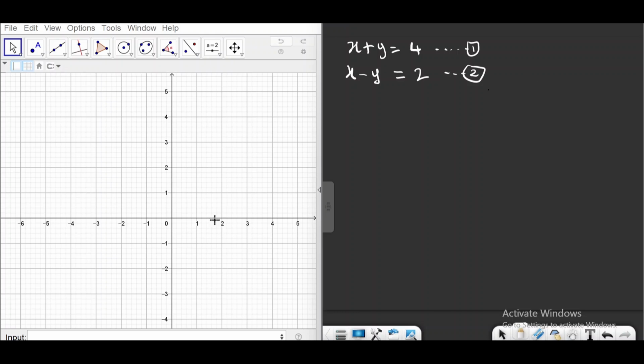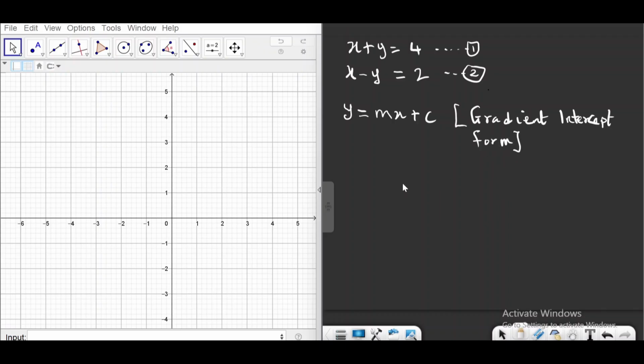So each of these equations given here will be changed to look like this. We call this gradient intercept form.